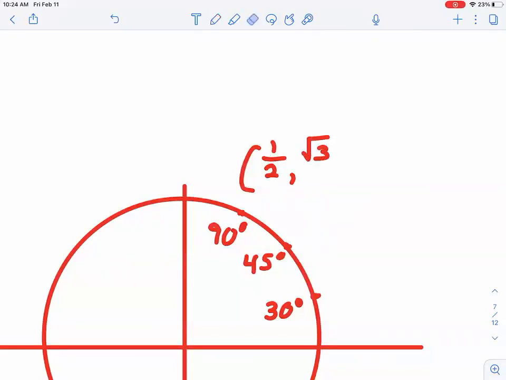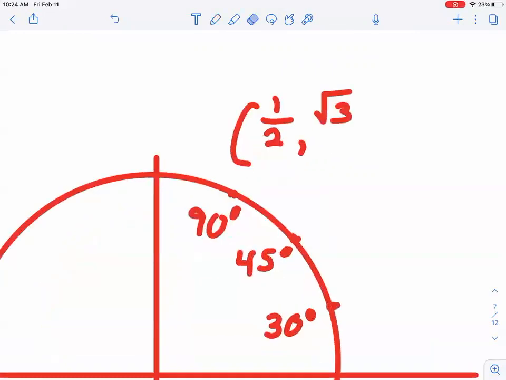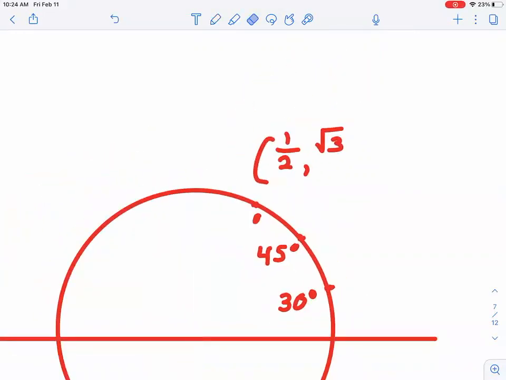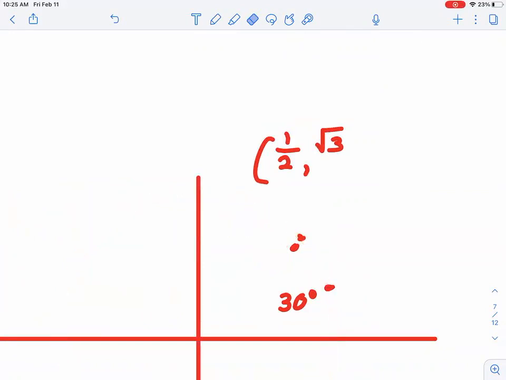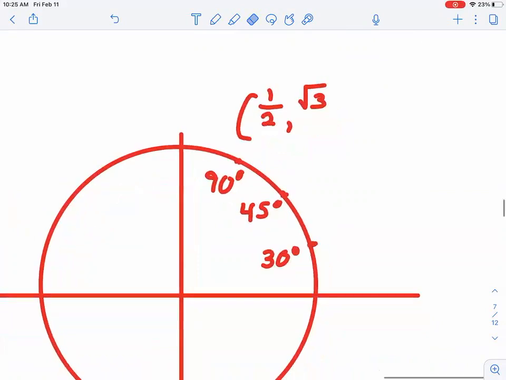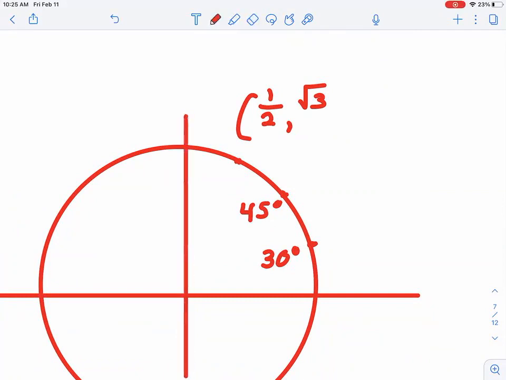Oh, I said 90 degrees. That's not right, guys. Sorry. That's not 90 degrees. 90 degrees will be straight up. Sorry, I've got to redo a little bit of this. That's 60 degrees.